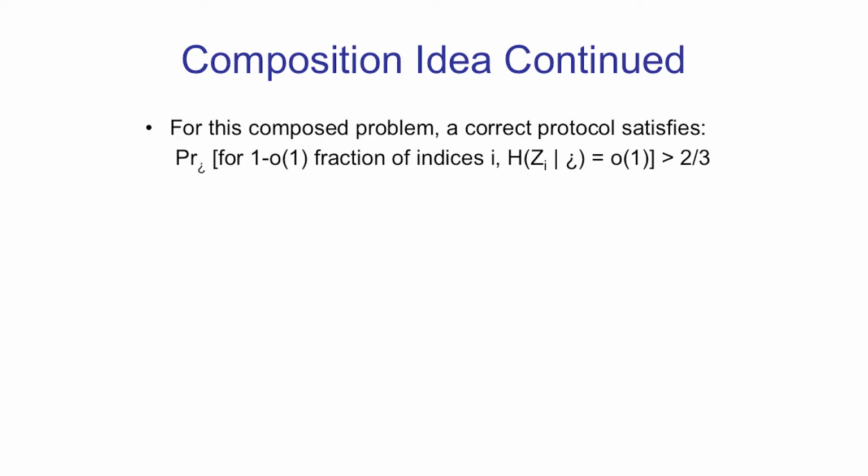So what this means is that if I have a correct protocol for this big composed problem, then for a typical transcript tau, the transcript has to reveal a lot about these individual bits, these Zi's, because gap threshold is sitting inside of this problem. In particular, the entropy of most of these bits Zi needs to be reduced, conditioned on the transcript.